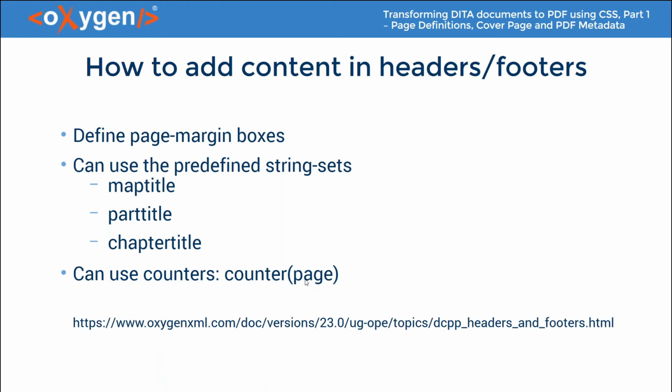For example, the page counter, which is simply, as its name says, the counter saying which is the current page of the document. You can have one for the chapters, one for the figures, for the tables, etc. You have a whole detailed list of all the counters and string sets inside our documentation.